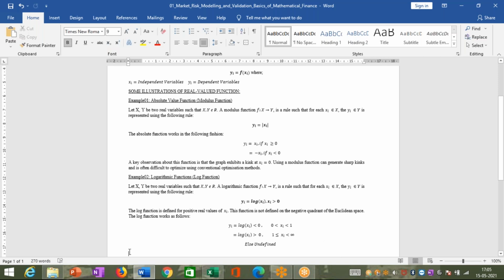Now before we go to simulate the log function, let's talk about why the log function gets used.